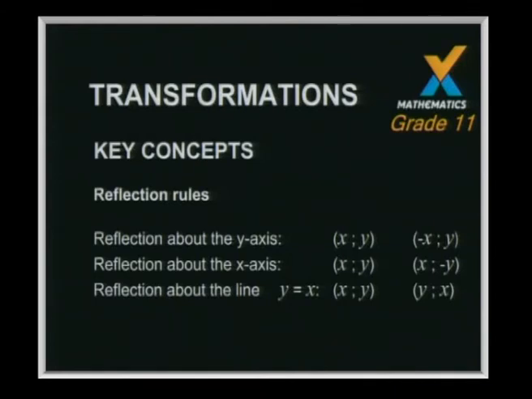The key concept that we have are reflections, and that is the big one in grade 11, are reflections around the y-axis, the x-axis, and the line y equals x. In addition to this, we've got to remember that in grade 10, we had glide transformations or slide transformations.